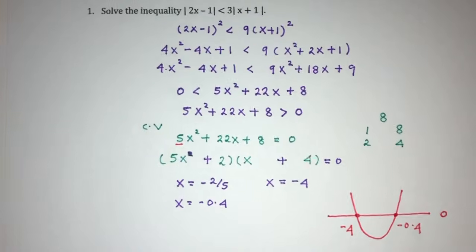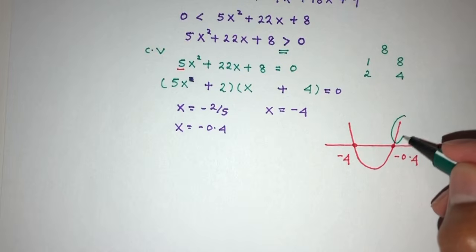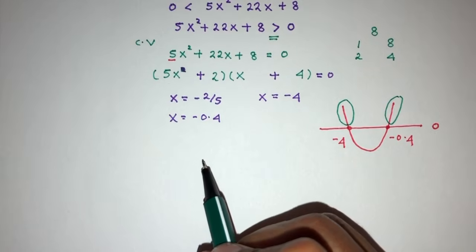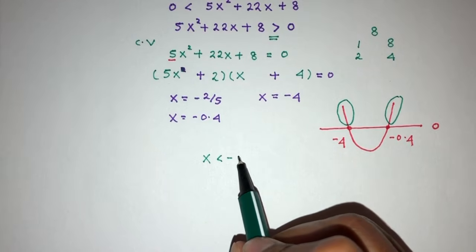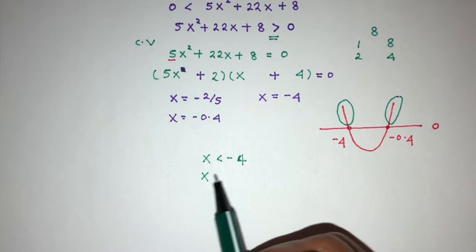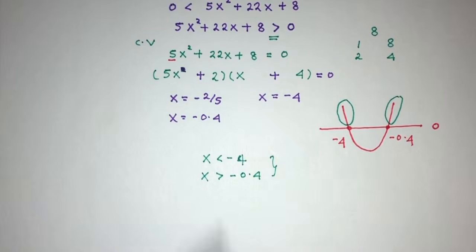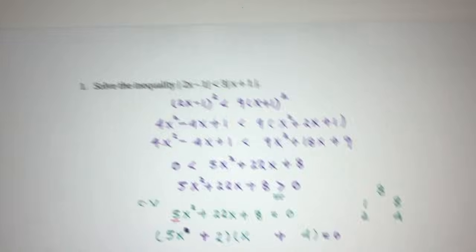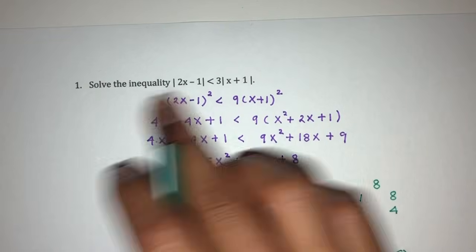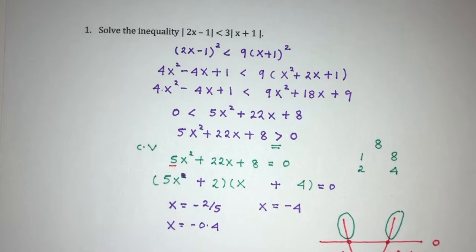Now, the condition needs to be more than 0, so we're looking for this side and this side above 0, so x will have to be less than minus 4 first. x has to be more than minus 0.4. So these will be the set of values for x for which this inequality is satisfied. That will be question number 1.